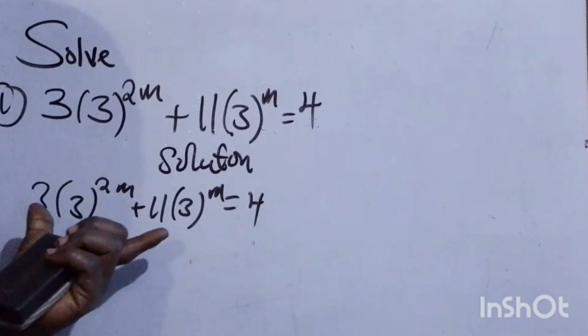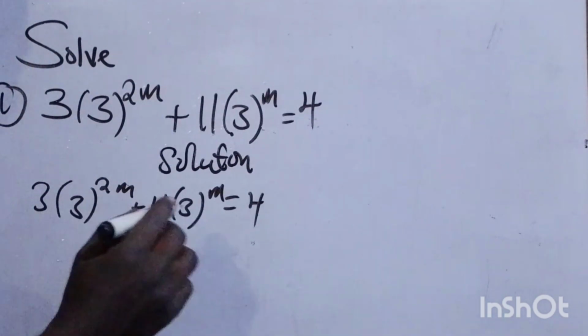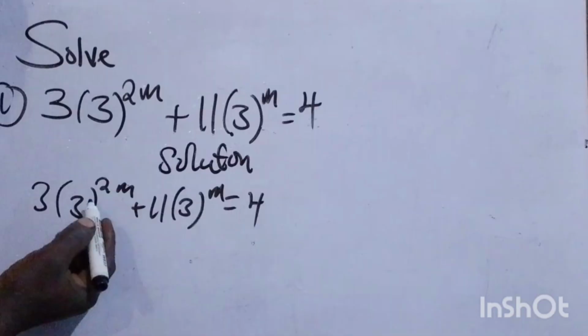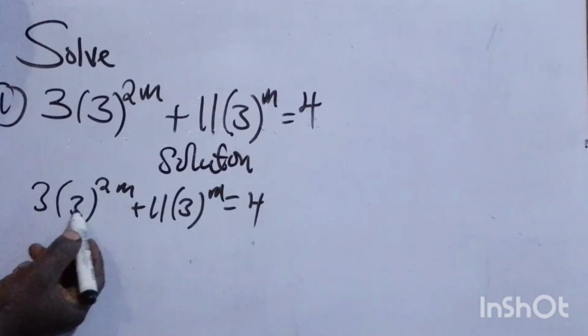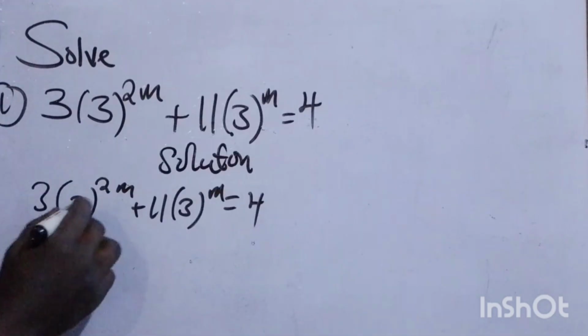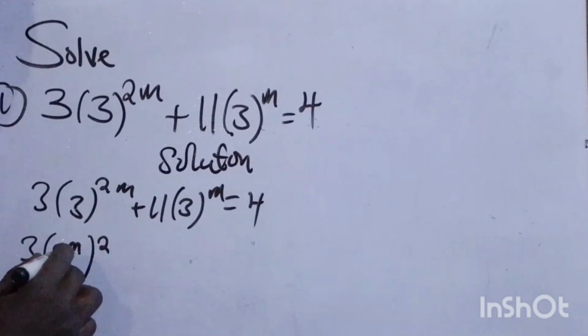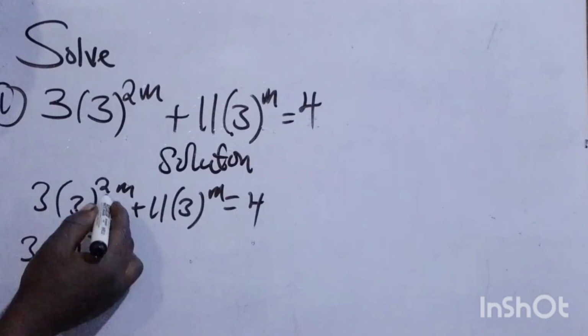The easiest way of getting the value of m is this: the expression here is the same as 3 times (3^m) to the power 2, because when you multiply m times 2 we have 2m.